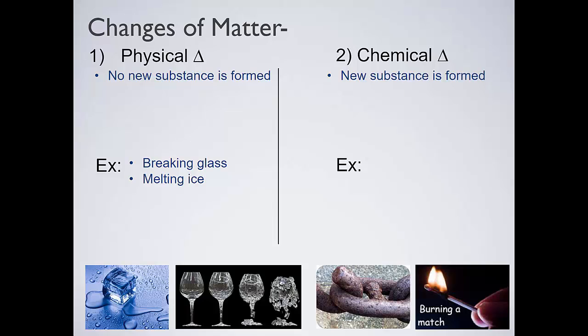For example, you get a nail made of iron and it rusts. That is a chemical change. That rust is a different material than the iron that you started off with; it's iron oxide. Burning something: you take a piece of paper and burn it in your fireplace.